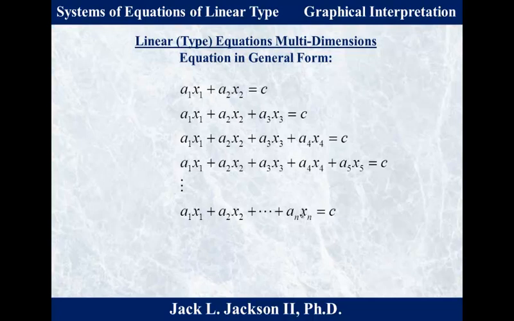So sometimes you'll see equations written this way: a1x1 plus a2x2 equals a constant. a1x1 plus a2x2 plus a3x3 equals a constant. That's a three variable linear equation. A four variable equation would be a1x1 plus a2x2 plus a3x3 plus a4x4 equals a constant.